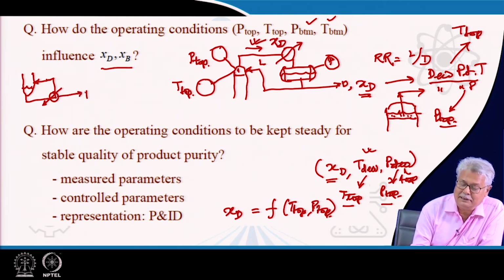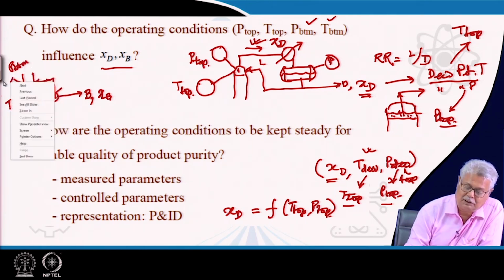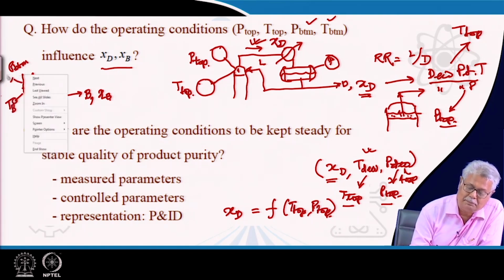This is basically my column bottom material with a composition XB, and here I have T B or my T bottom, at a pressure of P bottom.